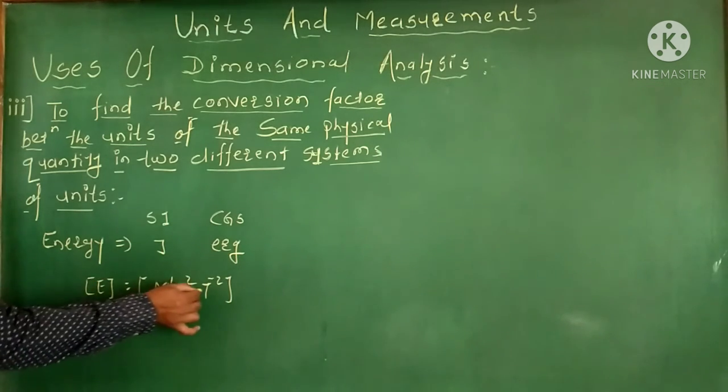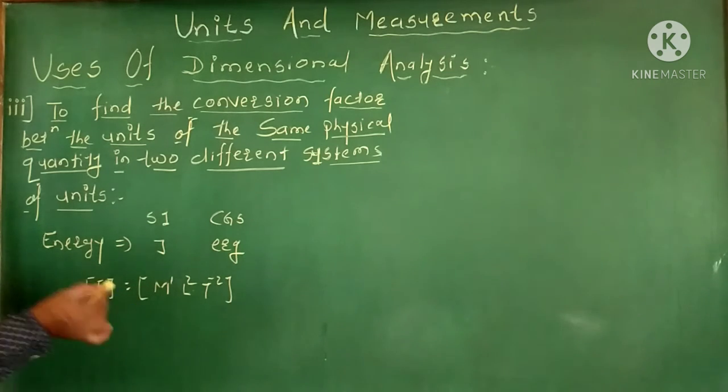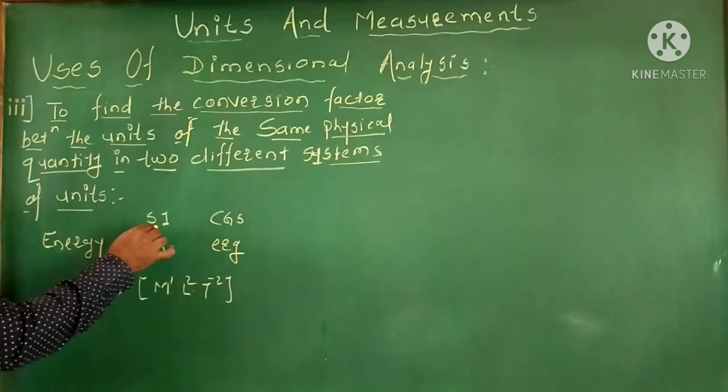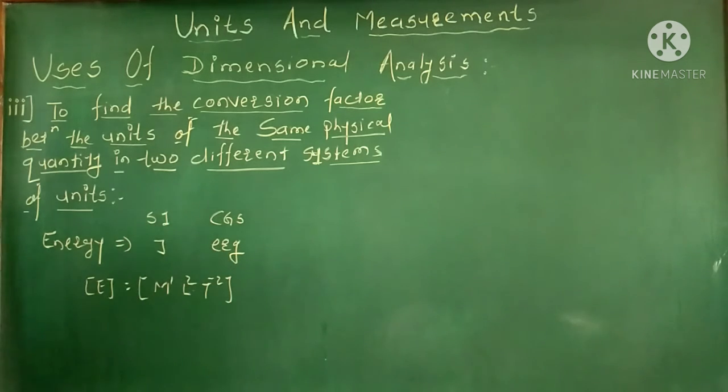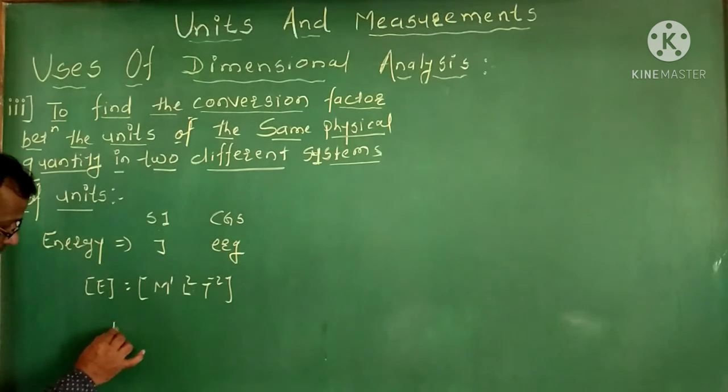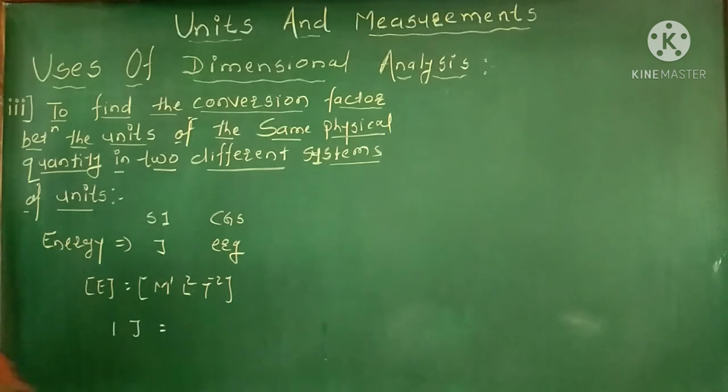Now we want to use this dimensional formula to find the conversion factor between the two systems of units. For that, first we take the quantity 1 joule, and we want to convert this 1 joule into erg, that is, the SI system into the CGS system.